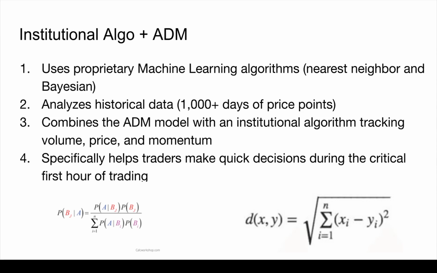It analyzes historical data up to 1,000 days of prior price points. Harry combines that ADM model with another algorithm that looks at institutional volume, price, and momentum to give high probability stock recommendations at the very beginning of the day. It helps traders like myself make really quick decisions during the first few minutes of trading in the morning.